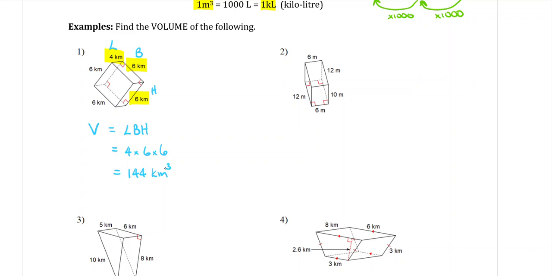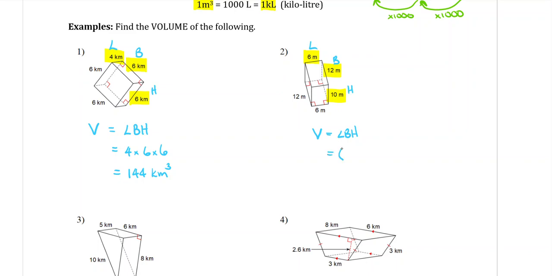Okay, let's do another one. Question 2. What shape is that? Rectangular prism again. So I'm going to use V equals LBH again. I'm going to go down the right-hand side. This is going to be the L, B, and H. Let's sub those in.